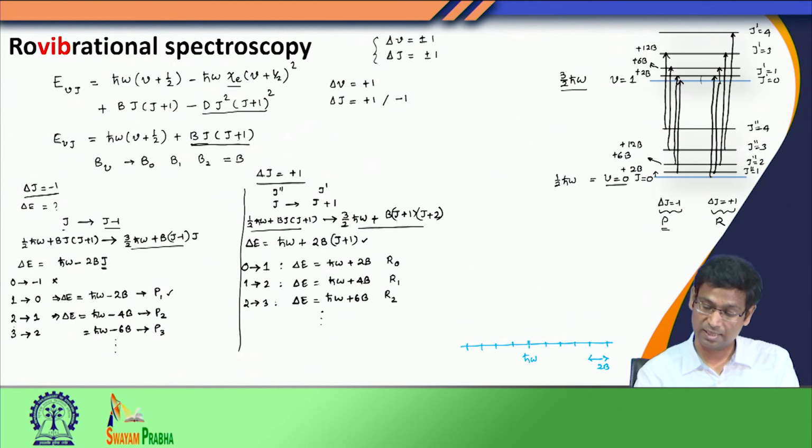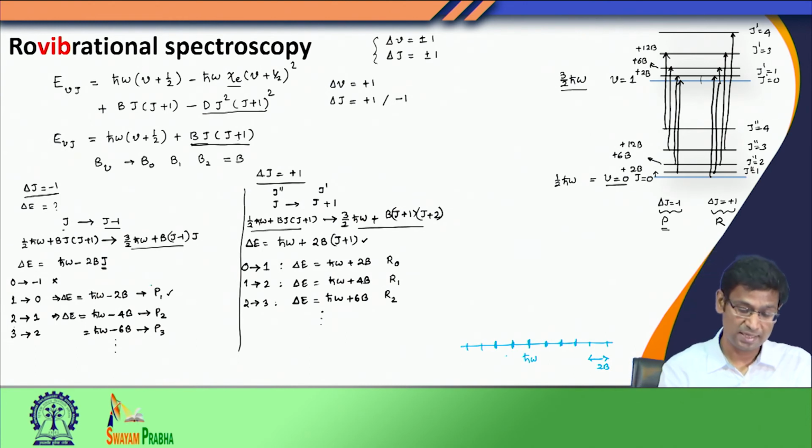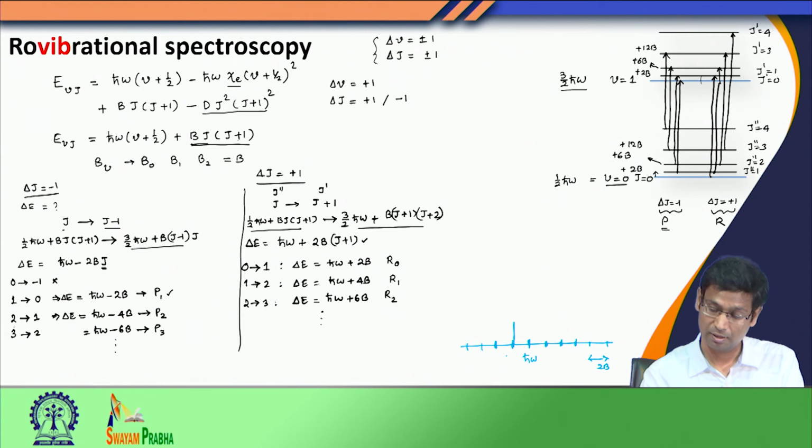So this one is h bar omega, this is h bar omega plus 2b, this is h bar omega plus 4b, plus 6b, this is h bar omega minus 2b, minus 4b and so on and so forth. Let us see where these lines appear. The P1 line would appear at h bar omega minus 2b, so I draw this P1, the P2 line would appear at h bar omega minus 4b, P3 would appear at h bar omega minus 6b and so on and so forth.